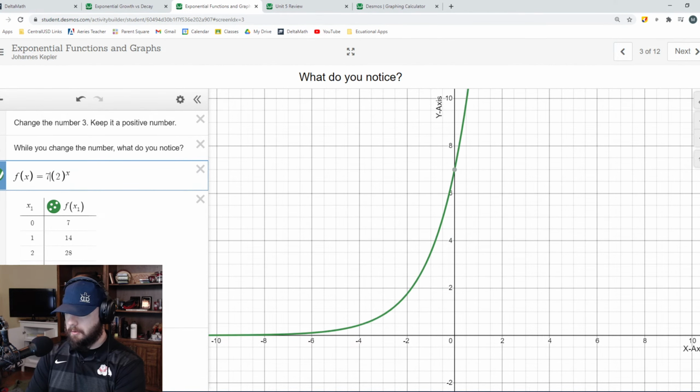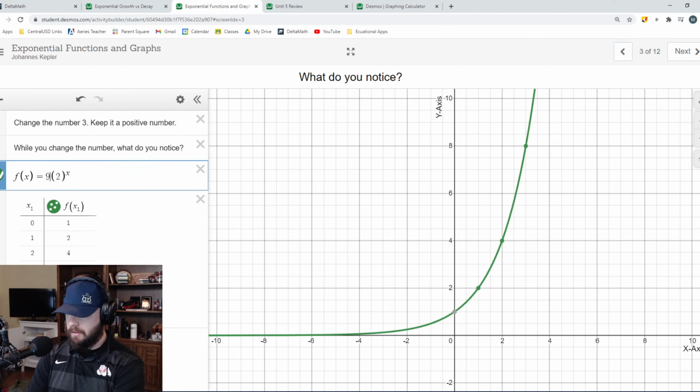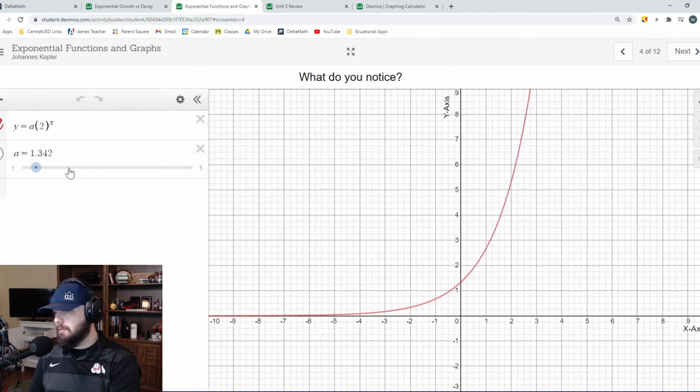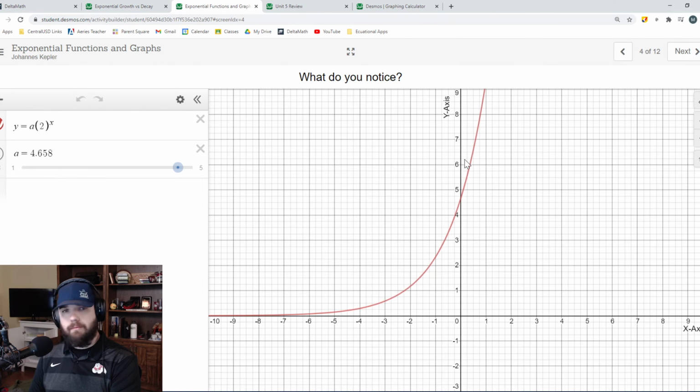As I'm increasing it, my graph is going up. So this number here is where your y-intercept is. If there is no number, it's just 1, and 1 times 2 to the x is just 2 to the x. So as I'm increasing this number between 1 and 5, it's just slowly moving up. And we're going down.